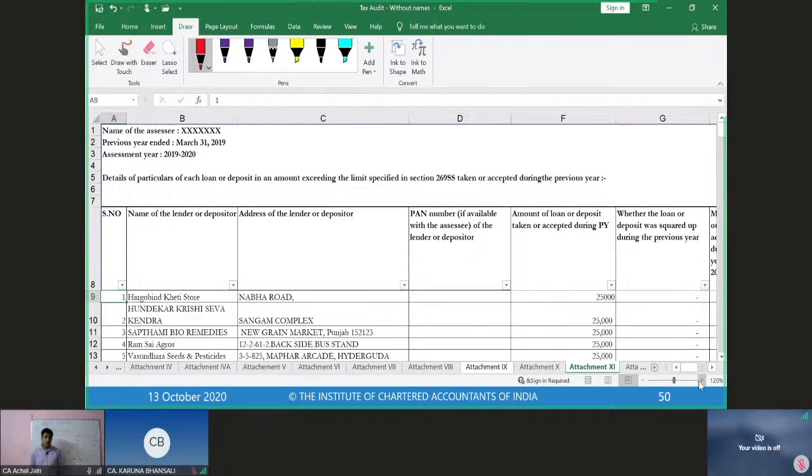But this clause does not only talk about those balances which are outstanding. Even if there were transactions during the year and which got squared up, those are required to be captured, and that becomes the most challenging part for the auditor in terms of ensuring completeness.